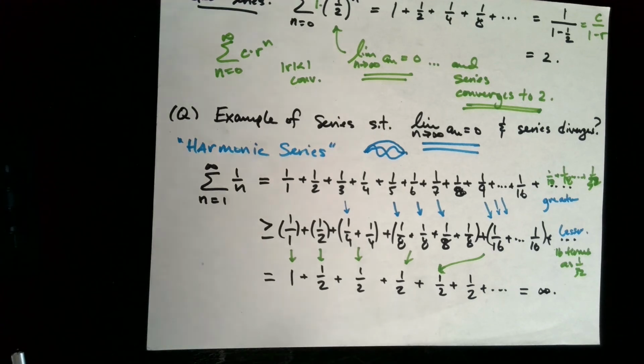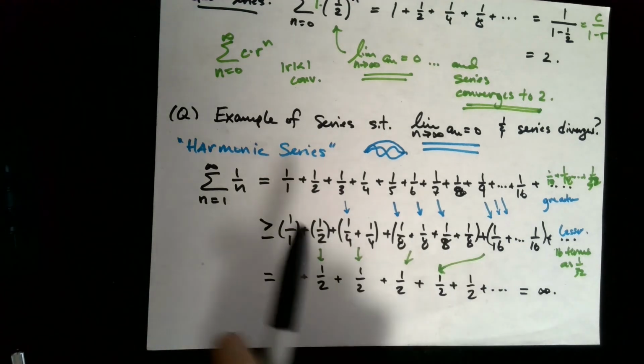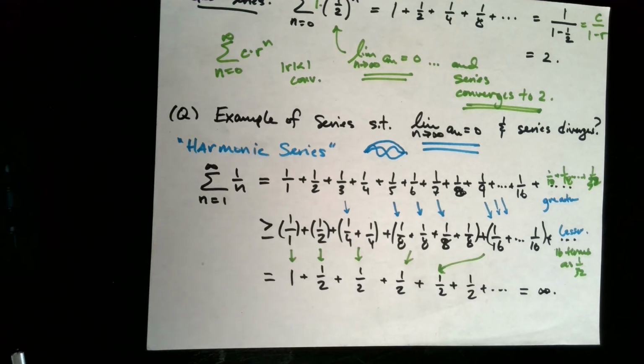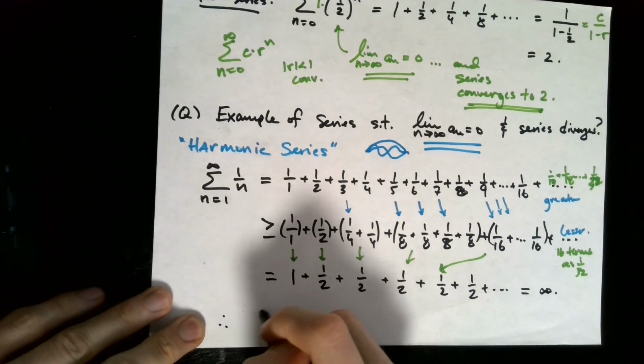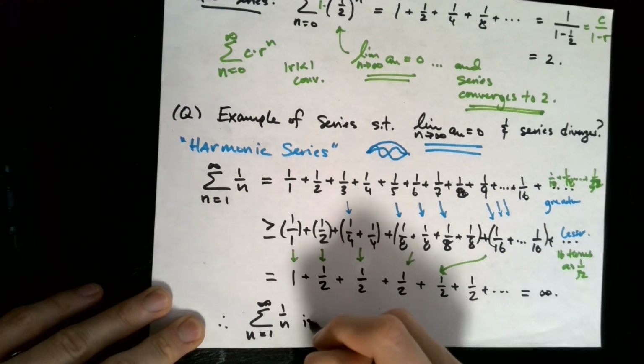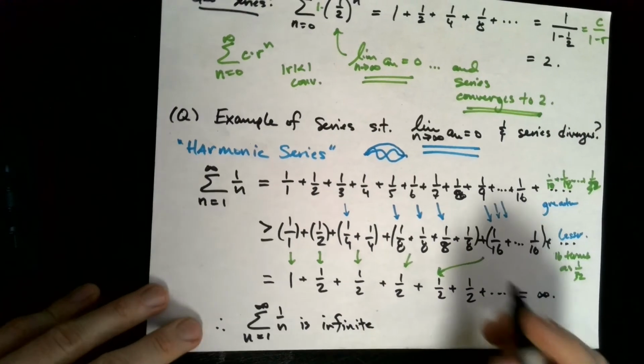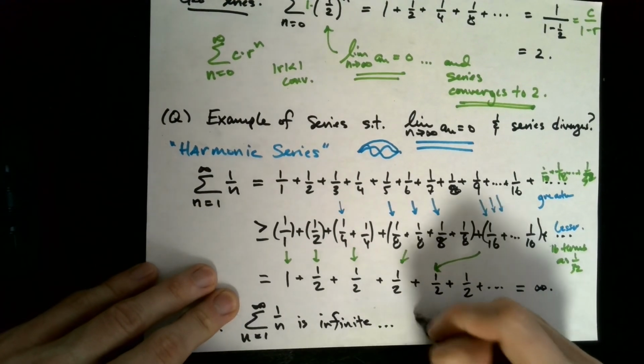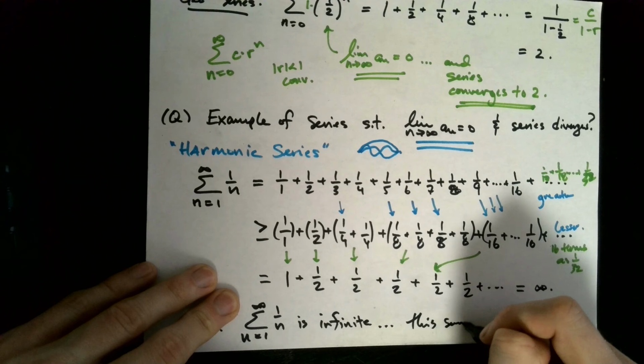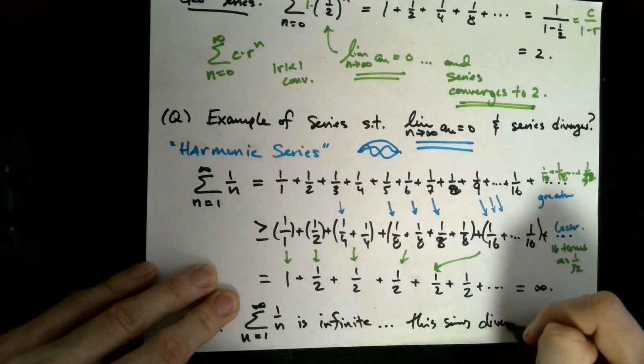And that means then the sum of this harmonic series, the sum of all of the terms 1 over n, has to be infinite as well. So, therefore, the sum n equals 1 to infinity of 1 over n is infinite. And what does that mean? Well, with respect to convergence and divergence, that means this series diverges.